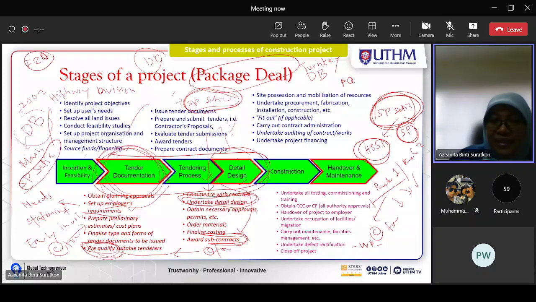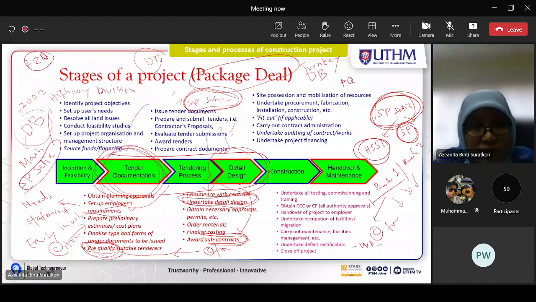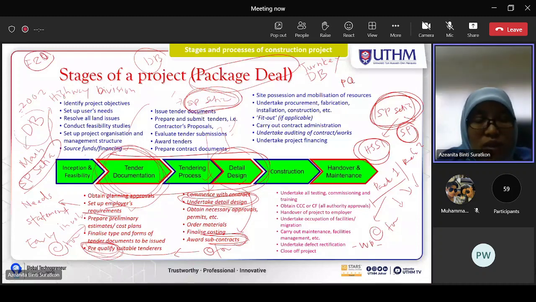Okay, because I explained earlier, for inception and feasibility, here the client is involved with the consultant. Sometimes the client has a consultant even though he does DB. This is important because the client may discuss with his consultant to do this project.